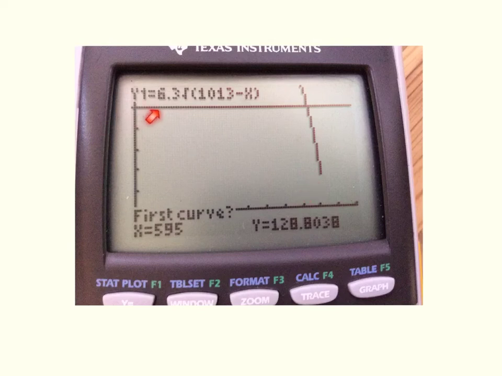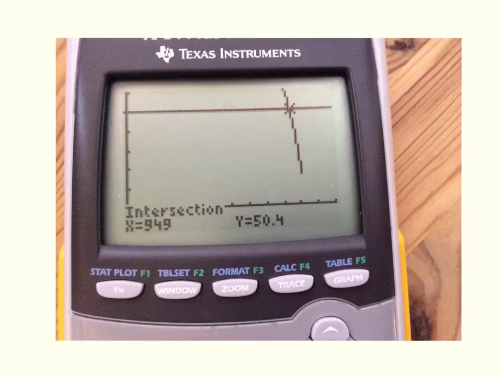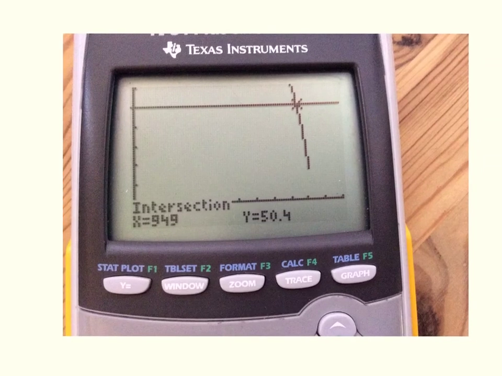It's going to put it automatically on y2, which is the line, and you can hit enter. And then it's going to say guess, and so you'll put your cursor about right here. It doesn't have to be perfect, but you just want to put it there and then hit enter. And then the calculator will give you the exact values where that intersects. And that'll be right here. It'll say intersection. X equals 949, y equals 50.4.